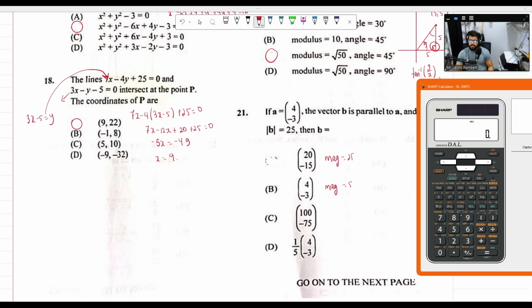Next one will be 100 squared plus 75 squared. The square root of this, the magnitude of this, is 125.